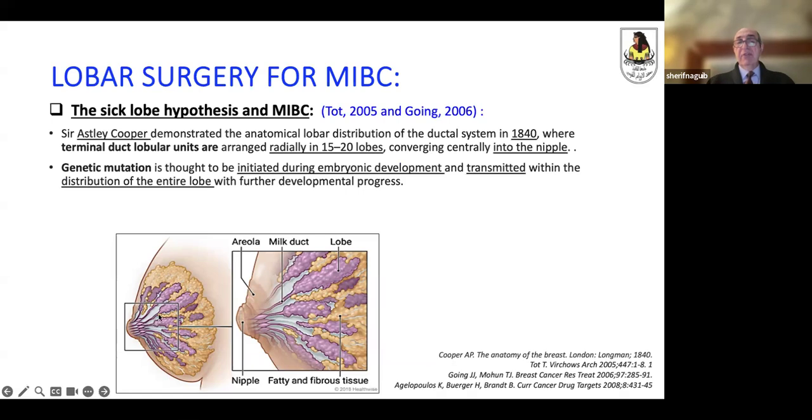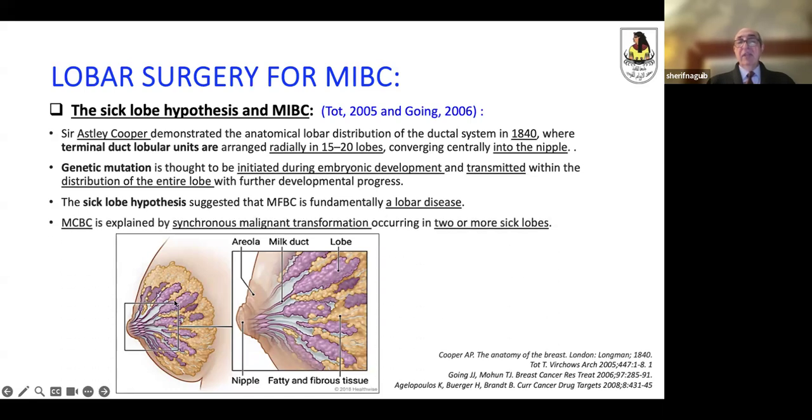So breast cancer can affect the whole lobe, and this is why it is called the sick lobe hypothesis, and it suggests that multifocal breast cancer is fundamentally a genetic mutation that affects one whole lobe, while multicentric disease is explained by synchronous malignant transformation during embryonic development, and this malignant transformation can occur in two or more sick lobes.